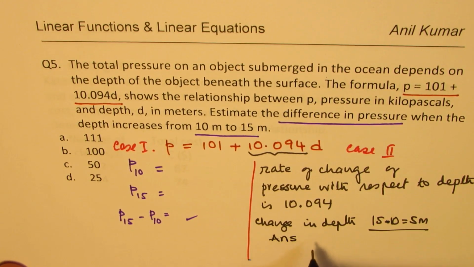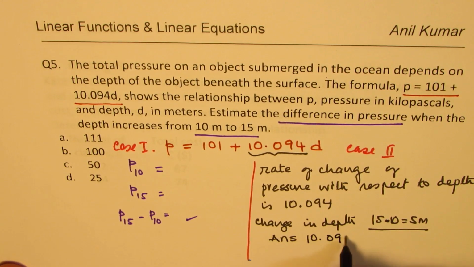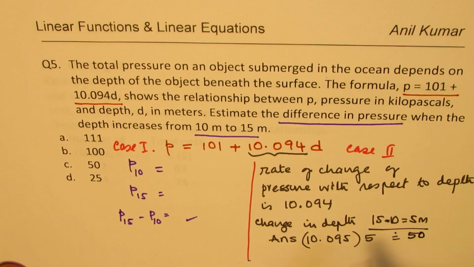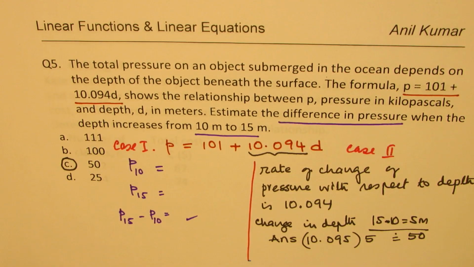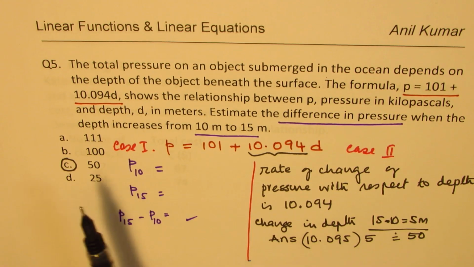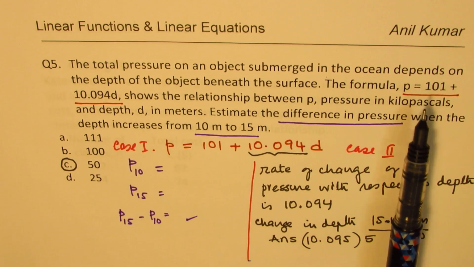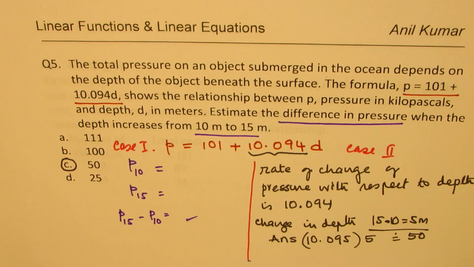Our answer should be 10.094 times 5, correct? Which is approximately equal to 50, since these are all rounded figures, and that is what you get. Does it make sense to you? So that is going to be our approach when we are doing a multiple choice question with a given equation. Now this is a very common question.